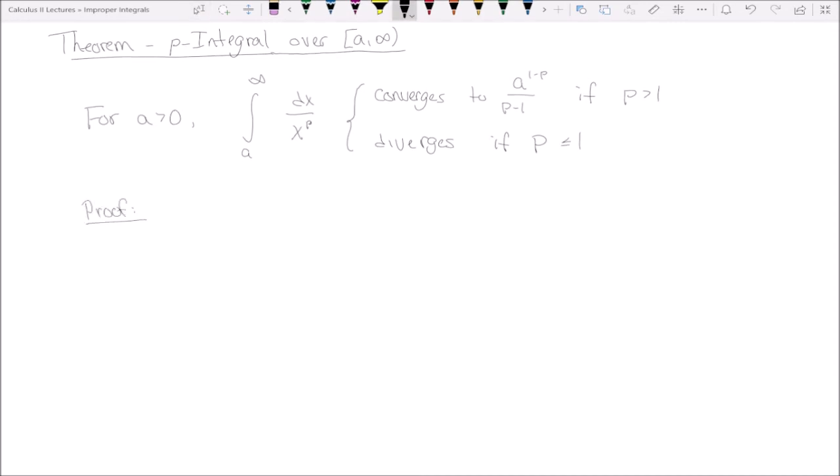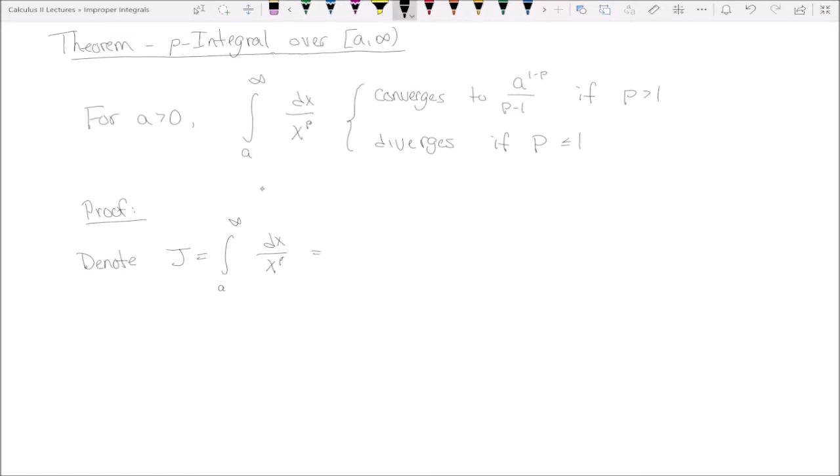So to see this, first, we're going to use the notation J is equal to the integral from a to infinity of dx over x to the p. All right.